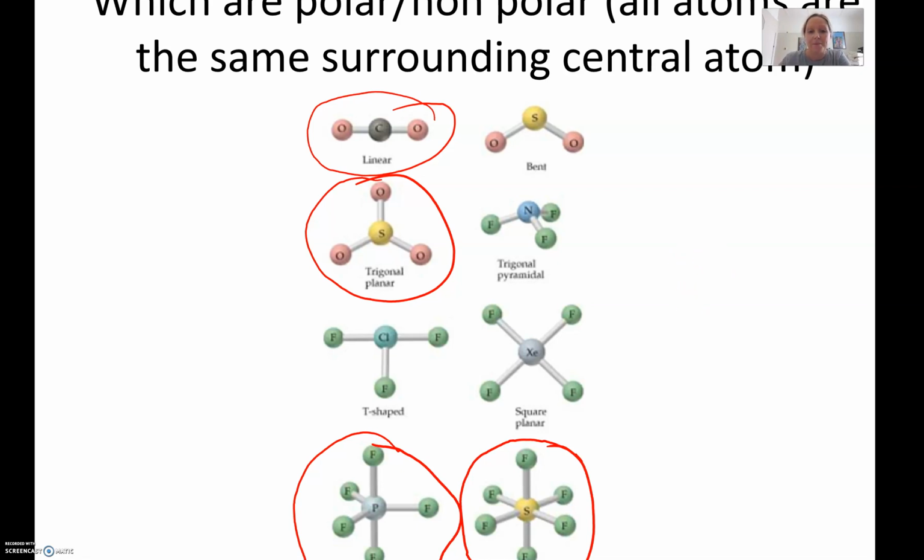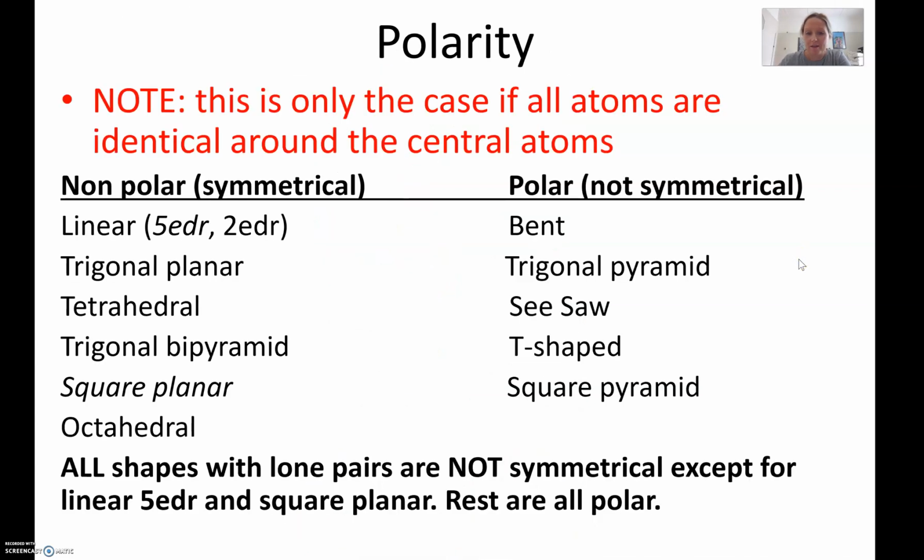Moving on from there, let's have a wee summary. This slide's the most important. I try not to do too many words because it's all quite straightforward. If all of the atoms around the central atom are the same, then your non-polar shapes that are symmetrical are all your parent geometries: linear, trigonal planar, tetrahedral, trigonal bipyramid, and octahedral.